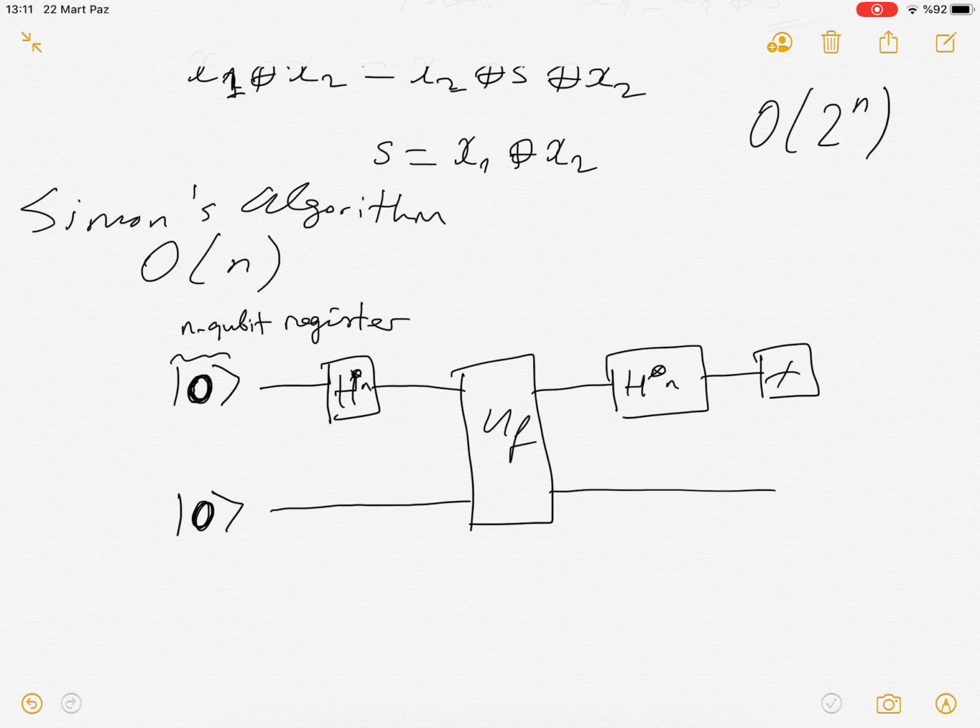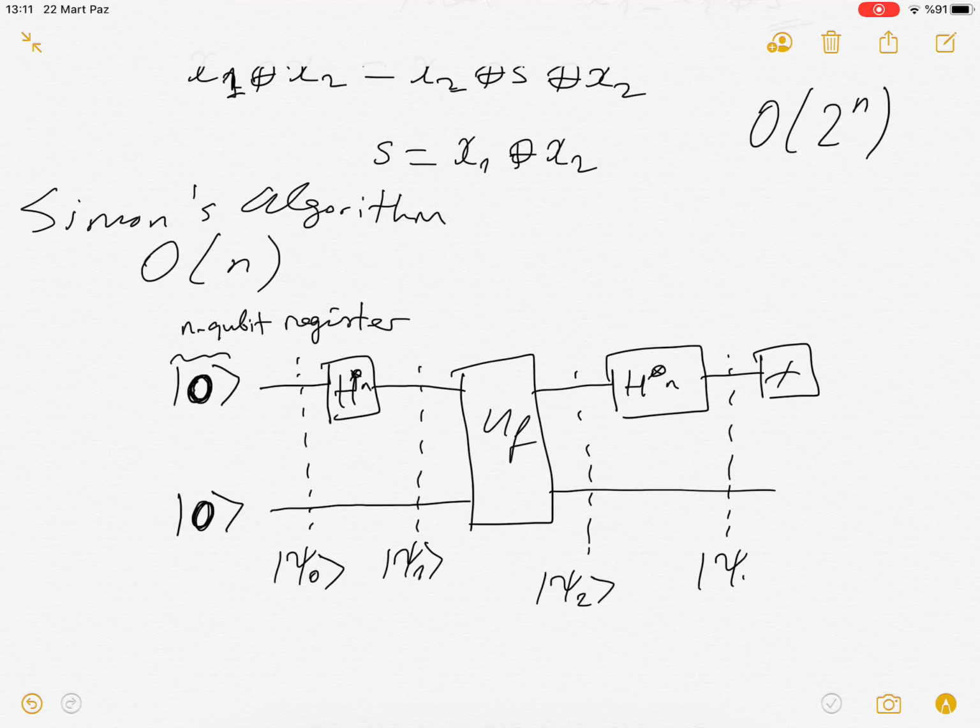So let's indicate the states. Let's call this stage psi 0, this psi 1, this psi 2, and this stage psi 3.